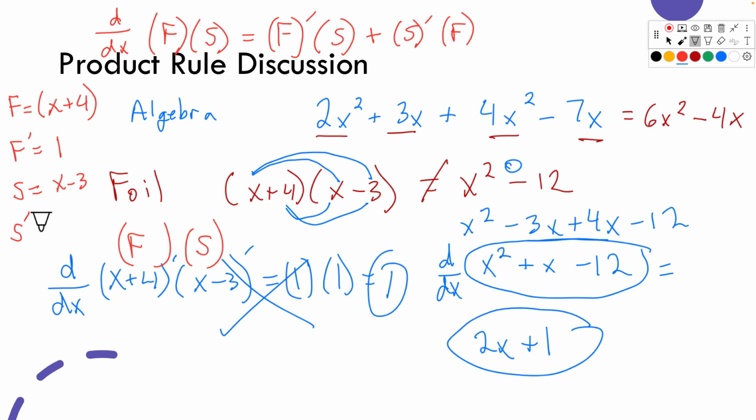And so the derivative of the second function is also 1, right? Derivative of x is 1, derivative of negative 3 is 0. So let's follow this format.